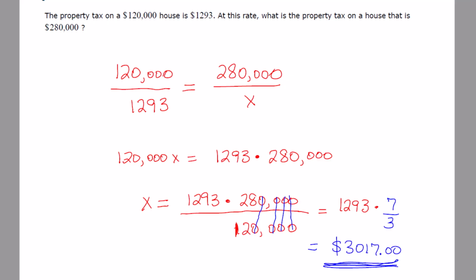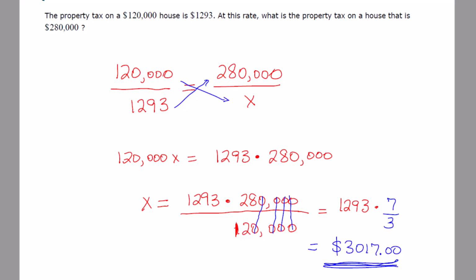So again, simply cross multiply. 120,000x equals 1293 times that number. Divide by 120,000. And just to make life easier, I'm just canceling some of these zeros.